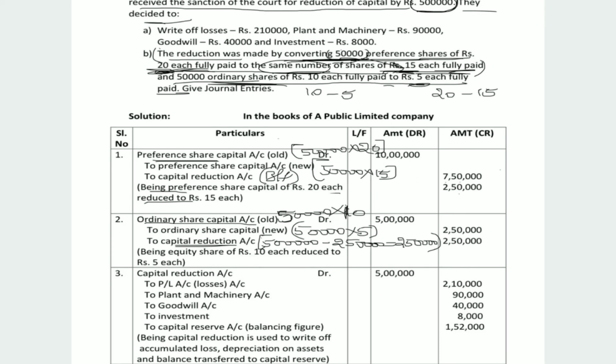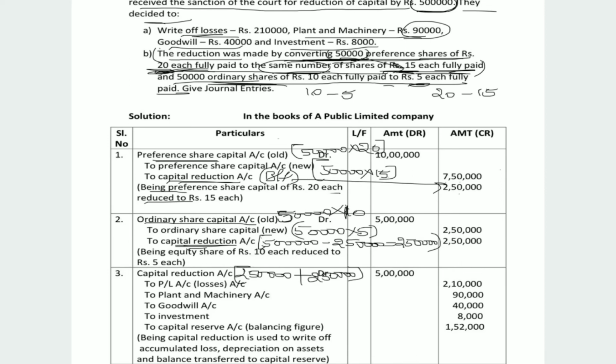So let's look into the next entry. Now they have asked us to write off the losses and plant and machinery to the extent of 90,000, goodwill 40,000 and investment 8,000. Now these values can be written off with the help of capital reduction account. So let's pass the entry. Capital reduction account debit. Now we have credited the value of rupees 2,50,000 in the first entry, and we have also credited 2,50,000 in the second entry.